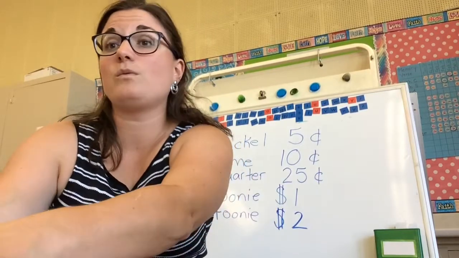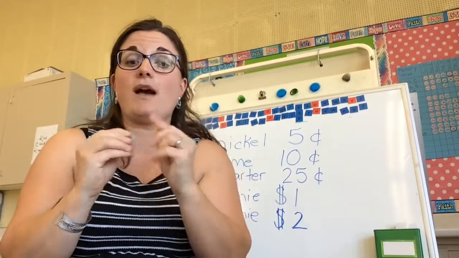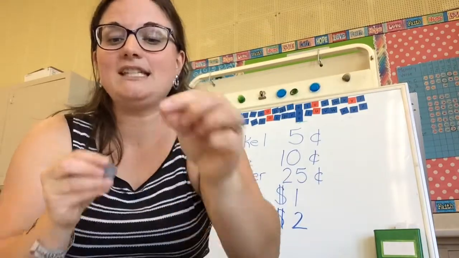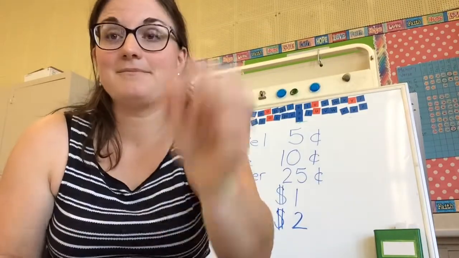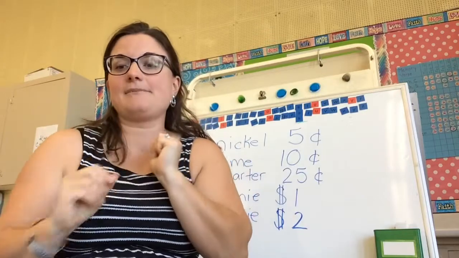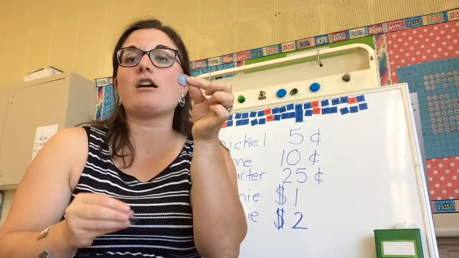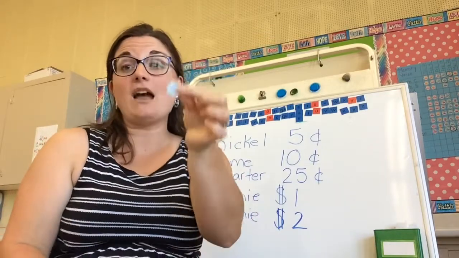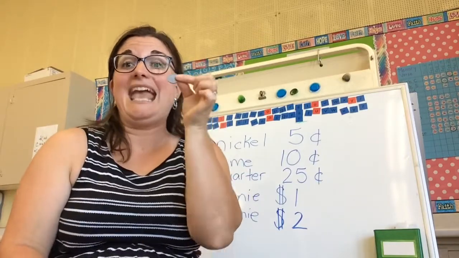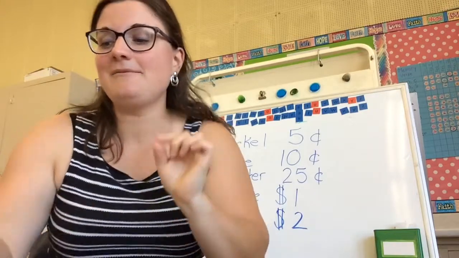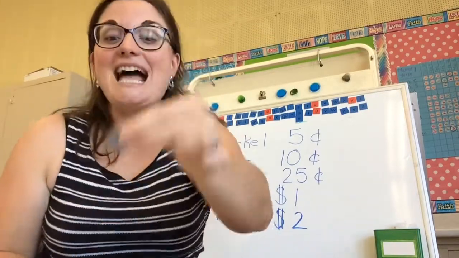Now I'm going to count with my dimes, the 10 cents. So I have 50. One more is 60, 70, 80. So I have 80 cents. Now I'm going to count my nickels. And these are worth 5 cents. So now I'm going to count by 5. So I have 80. 85, 90, 95.